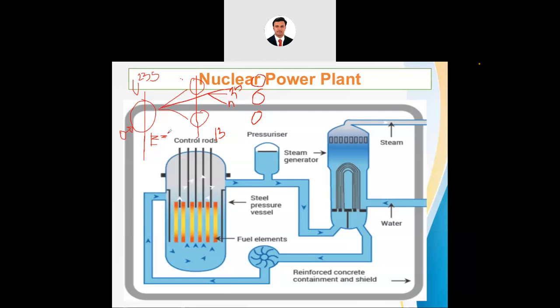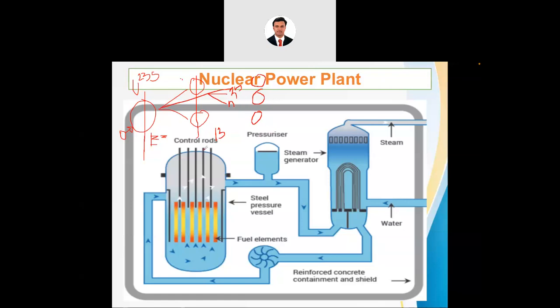Okay, so because of that, as a moderator we are also using water. That heat energy will be absorbed by this moderator, which is a fluid, or a component used to slow down the speed of the neutrons.